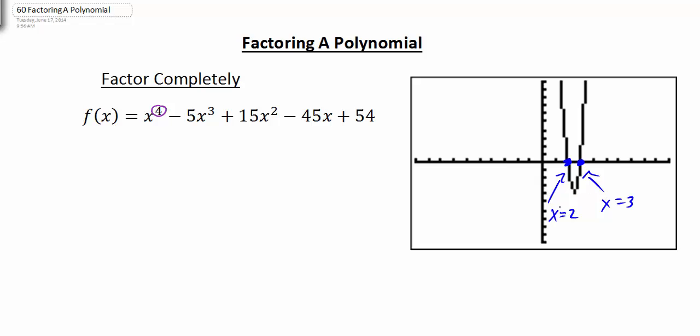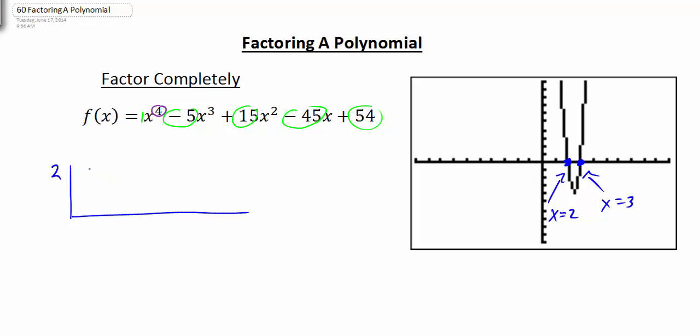So we can take each of these zeros and use synthetic division. I'm going to start with 2 and bring down the coefficients. We have a 1, negative 5, 15, negative 45, and 54, for x to the fourth, x cubed, x squared, x to the first, and x to the 0.